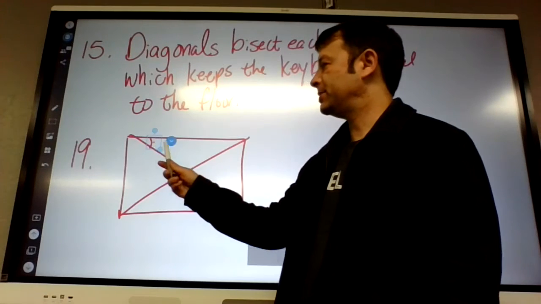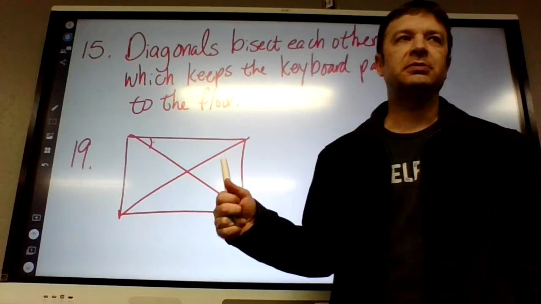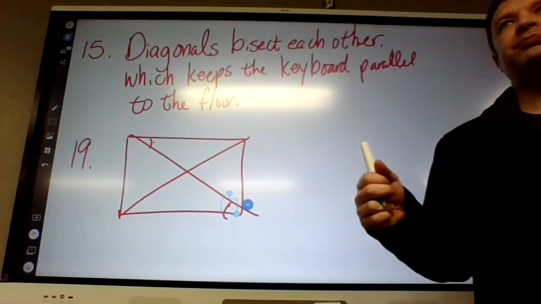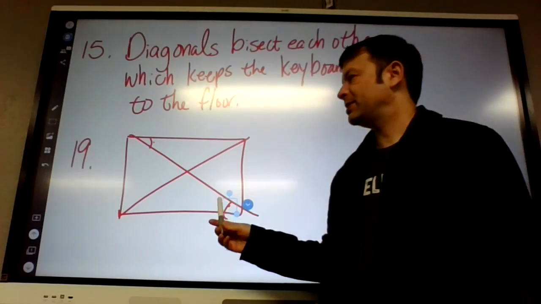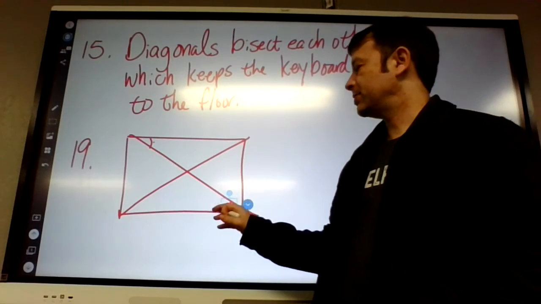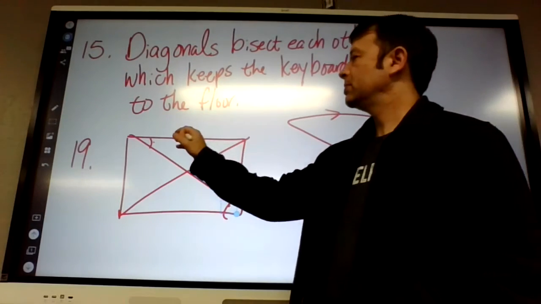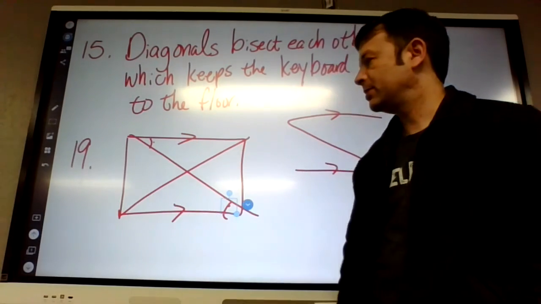Yeah, alternate interior, right? If they're congruent, then the lines that they're interior between must be parallel. So they're between these two lines. So these two have to be parallel.